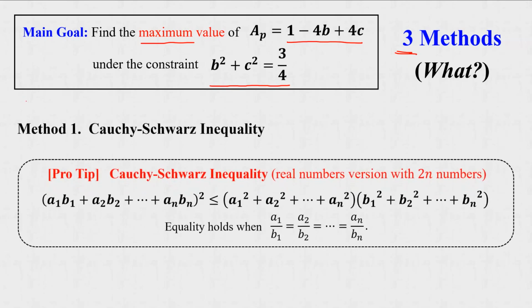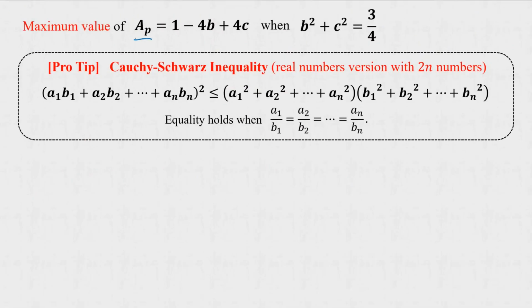The first method is the simplest method if you know the special inequality called Cauchy-Schwarz inequality. The general Cauchy-Schwarz inequality is an inequality of vectors, but for this problem, this real number version is good enough. If we look at the expression for AP, we know that we need to maximize minus 4b plus 4c.